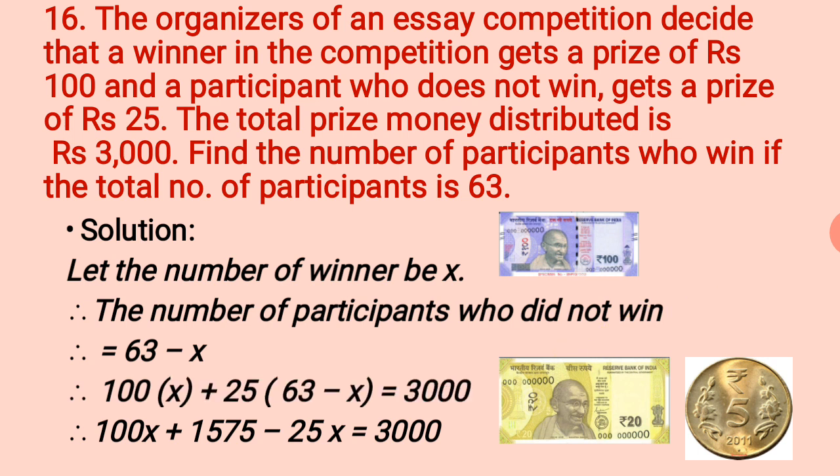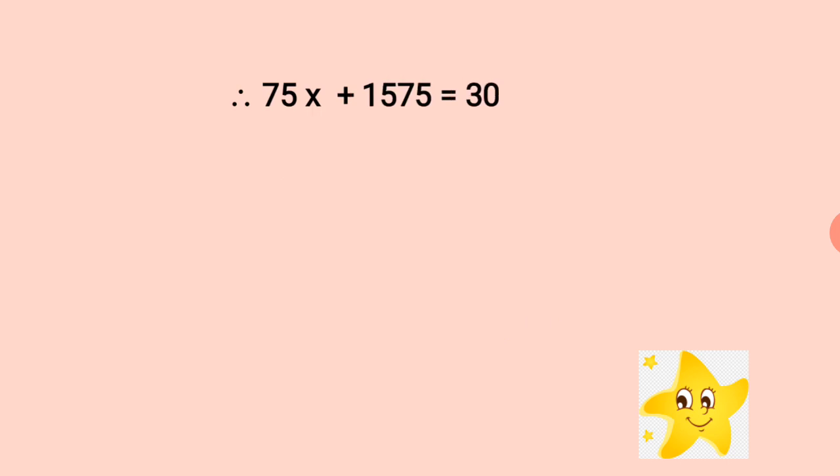So this is what you get. Finally, the total amount will be equal to 3000. 100 into x plus 25 into 63 minus x equal to 3000. Now open the bracket. You have got this. Solve for x, that is like terms to be solved, and you get 7x plus 1575 equal to 3000.